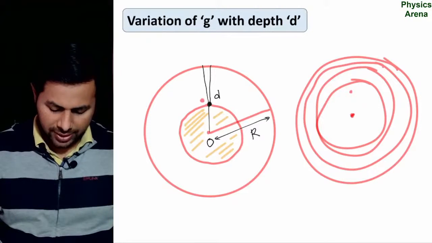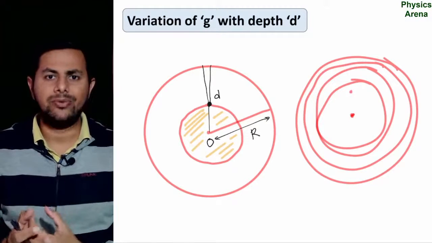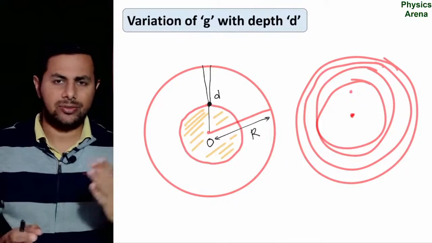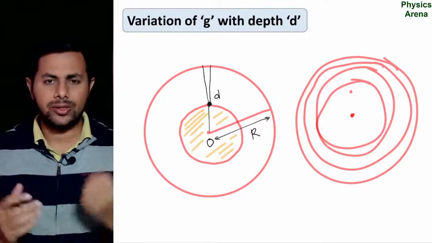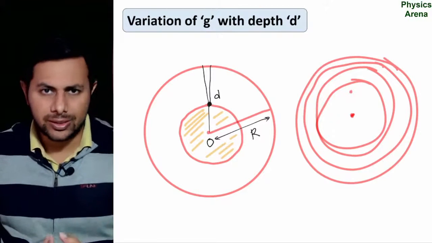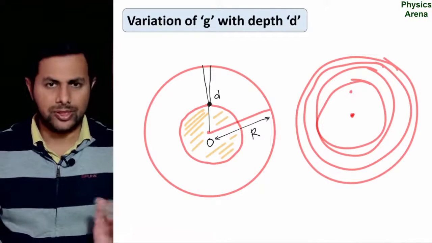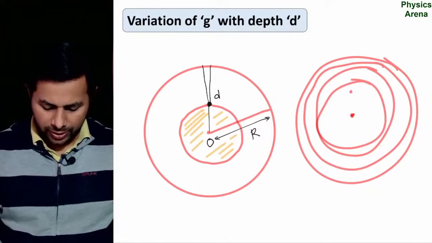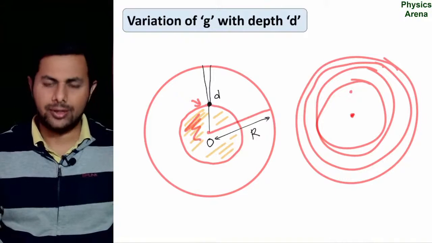So our mass is here, which means it is inside all of these outer shells, and therefore the gravitational force due to these outer shells on this mass is equal to 0. Therefore the acceleration due to gravity due to the outer part of Earth will be 0, and the mass will experience acceleration due to gravity only due to this inner shell.